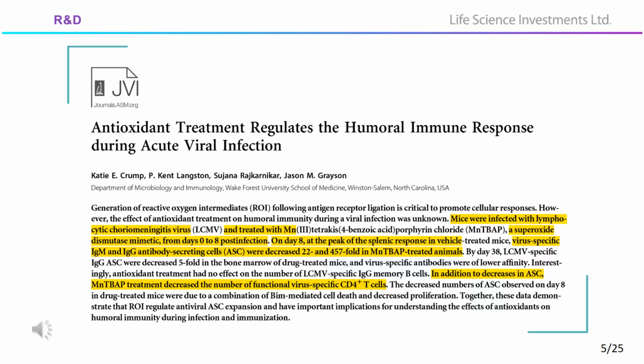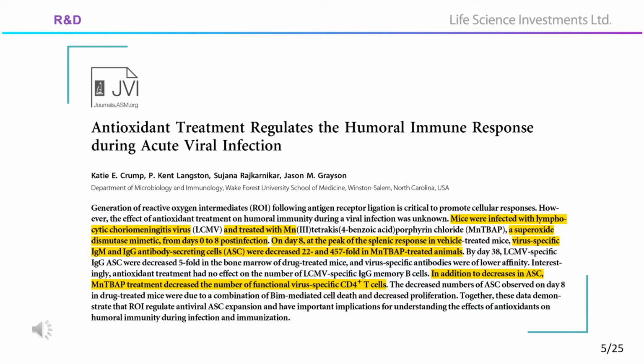It was observed that virus-specific IgM and IgG antibody secreting cells were decreased 22 and 457-fold compared to non-treated animals. That's really a great result.